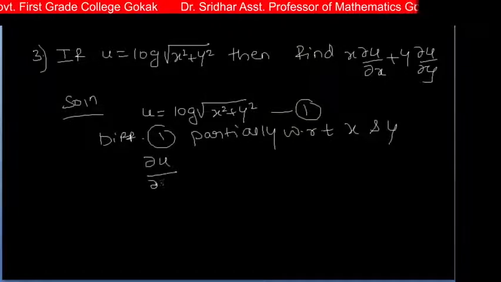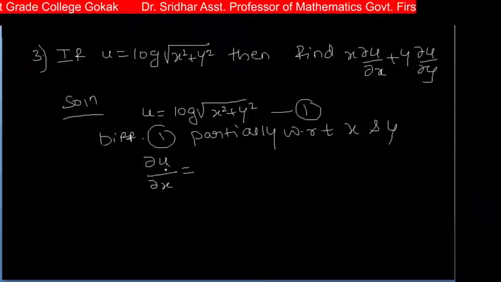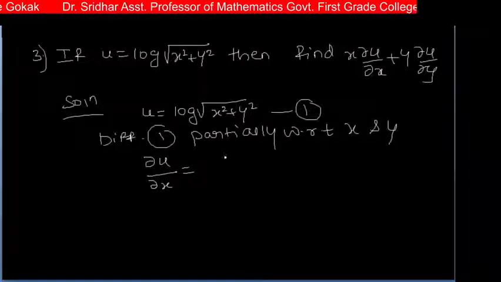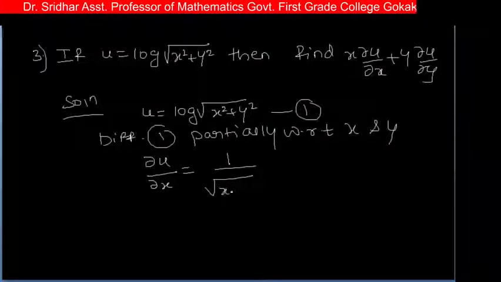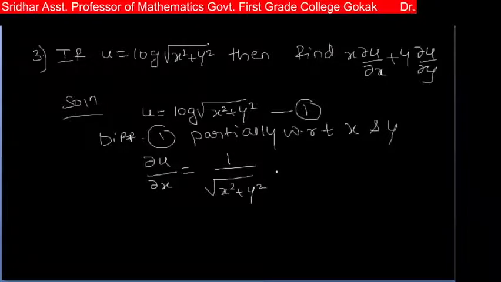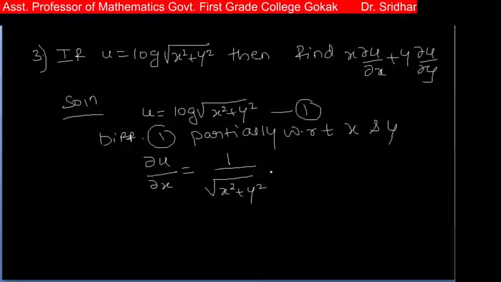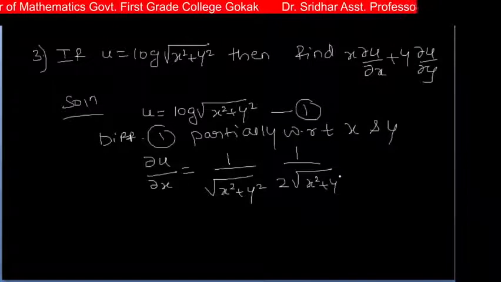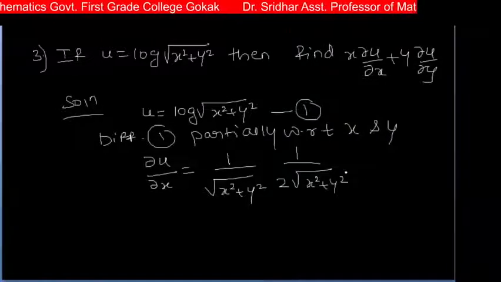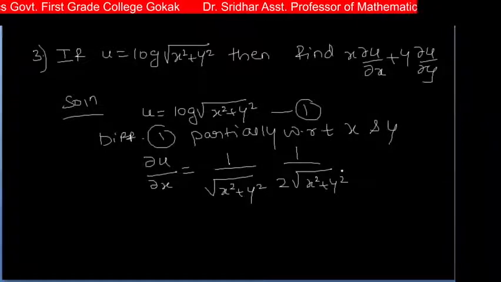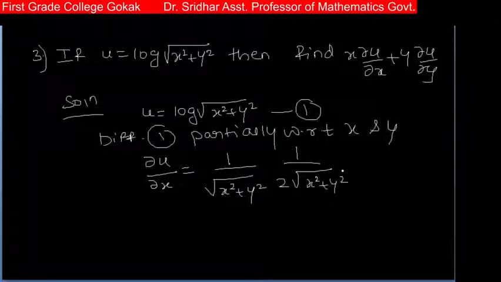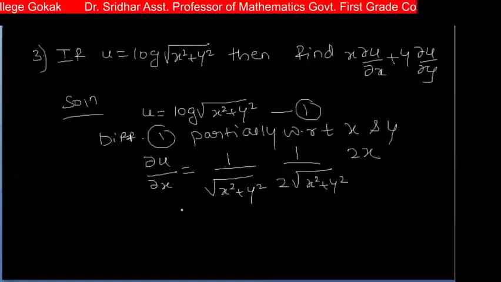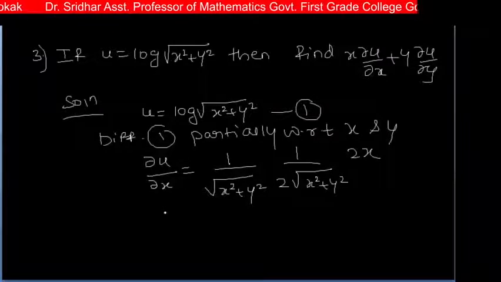So we get du by dx is equal to, so we differentiate with respect to x, so we keep y as constant, so differentiation of this log is 1 divided by square root of x square plus y square, and again differentiation of square root of x square plus y square is 1 by 2 root of x square plus y square into differentiation of x square plus y square with respect to x is 2x, just by applying chain rule.